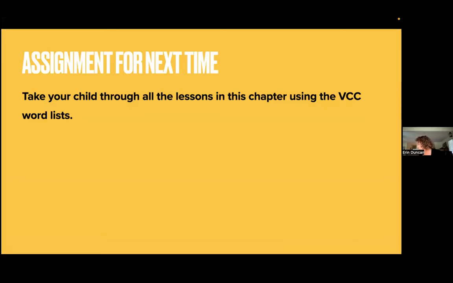So if you have a very young student who's still learning those basic code sound pictures, still learning to blend and segment 3 sounds in simple words like in chapter 3, well, then you want to keep working with that and get to this when they're ready. And you can follow those readiness directions that are at the top of every lesson plan.